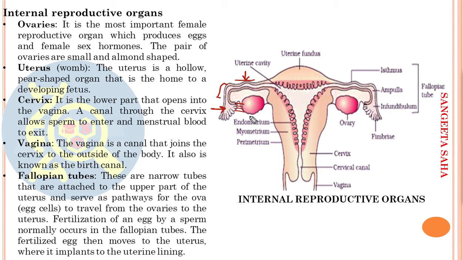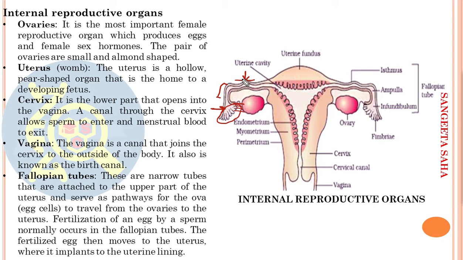The ovary produces eggs, and these eggs are collected by the fallopian tube through the funnel-shaped infundibulum. You will find some finger-like projections here, known as fimbriae. What is their function? They create a suction and help collect the egg from the ovary to the fallopian tube.